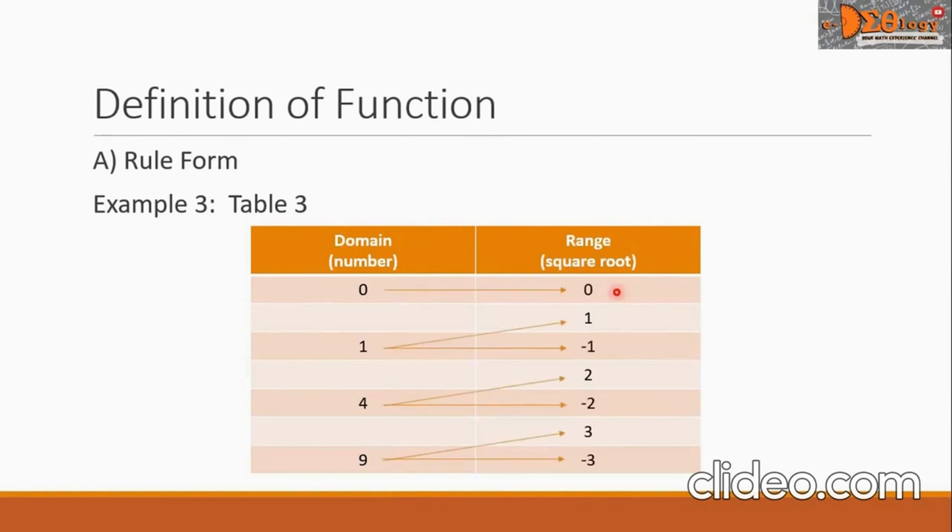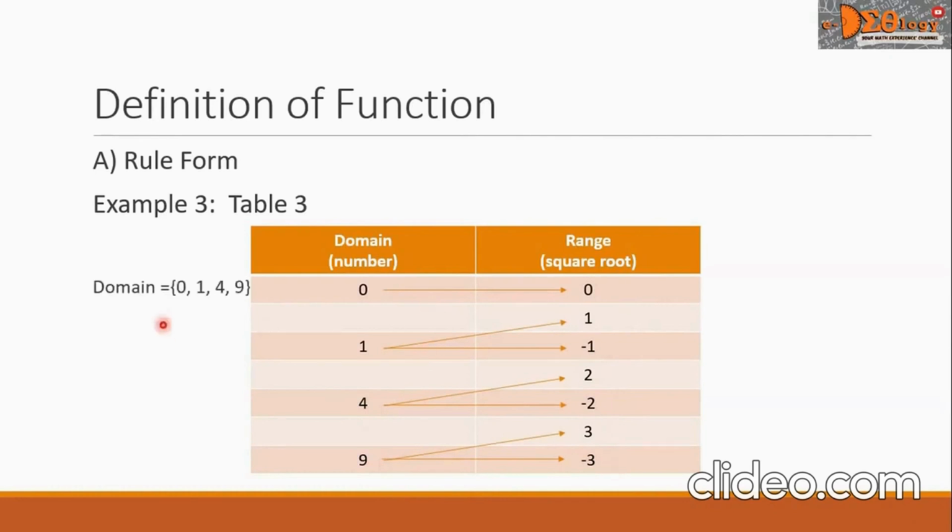So let us take the square root of the elements of the domain one by one. Square root of 0 will be 0. Square root of 1 is 1 and -1. Square root of 4 is 2 and -2. Square root of 9 is 3 and -3.